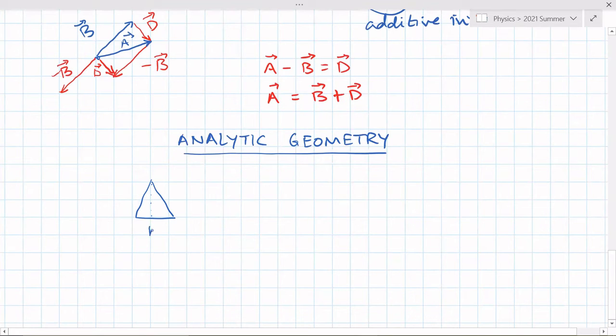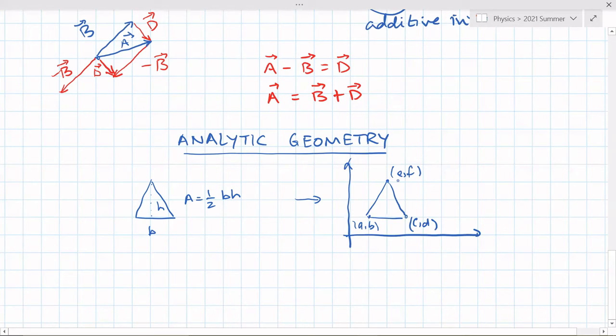If I know this is the base and this is the height, and then I say area is half base times height, I'm not really converting it to any coordinates. But we also know how to put that in the coordinate plane, the Cartesian coordinates. And then I can start using the Pythagorean theorem and distance formula and equation of lines and things like that. And I can just do algebra with the coordinates.